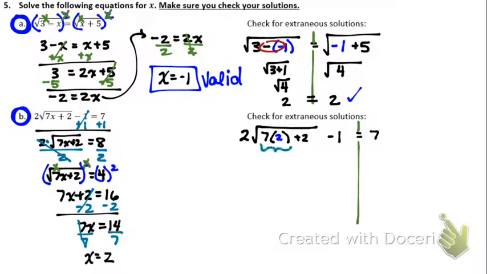I can multiply the 7 and the 2 together. 7 times 2? 14. What else can I do? I can add the 14 and the 2, which would give me 16. What else? Square root of 16 is 4. So that's like 24?